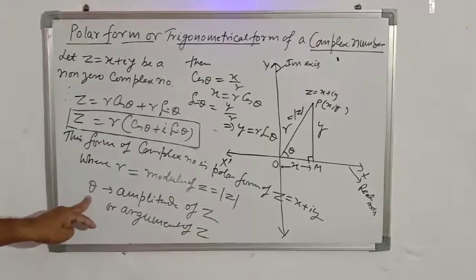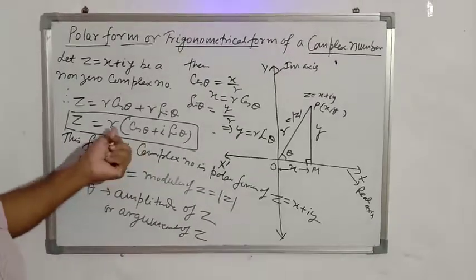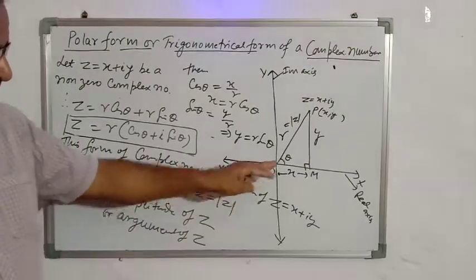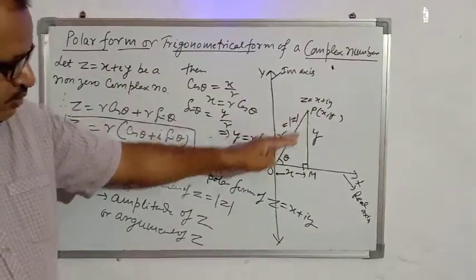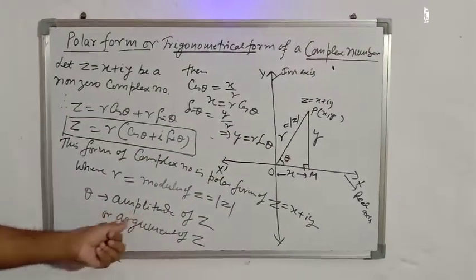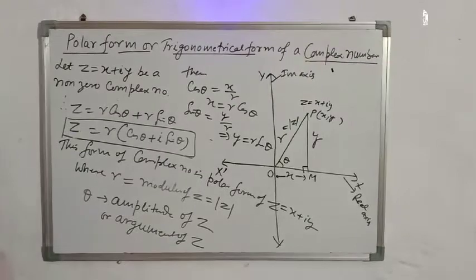Theta is measured in radian, r is the mod of z, and theta is called the amplitude of z. Theta is the angle made by the line segment OP with the positive direction of the x-axis. So it is called the amplitude of z or argument of z.